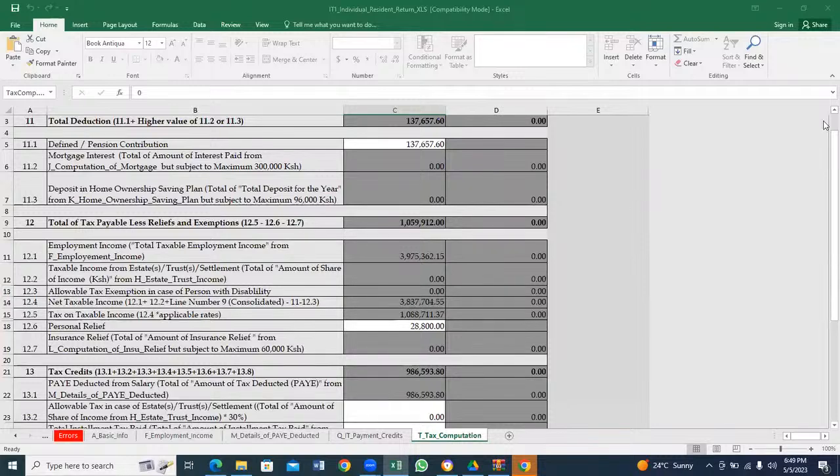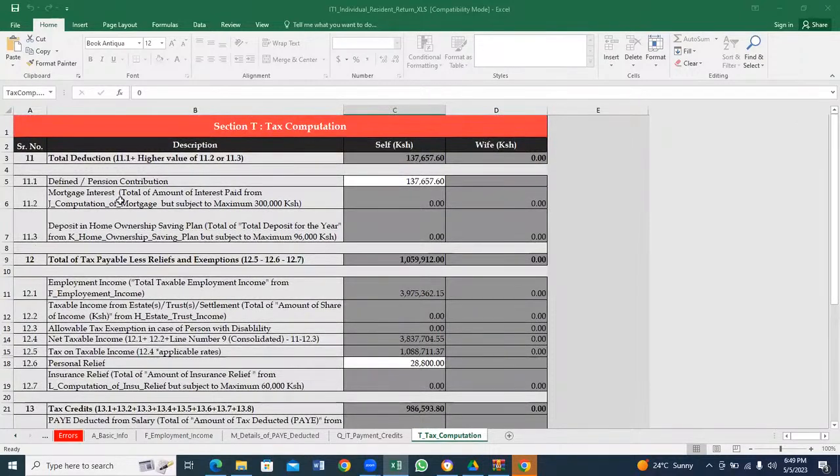Because hata ukiangalia hapa juu, hakuna mortgage. Do you see 11.2? I'm supposed to see that mortgage interest here. That mortgage interest should combine with the 137, ndio zididactiwe against the 3.9.